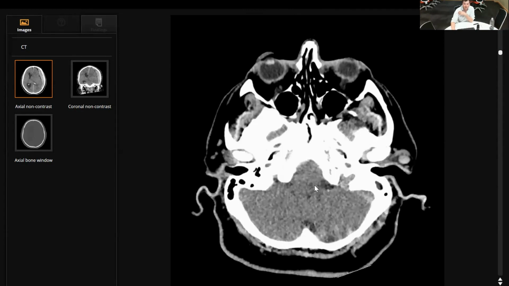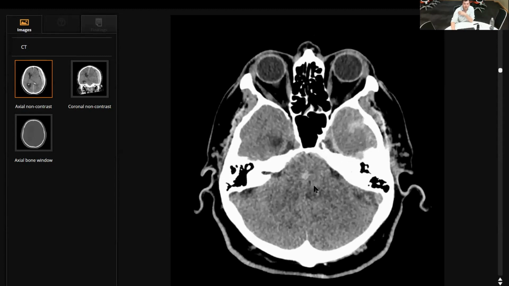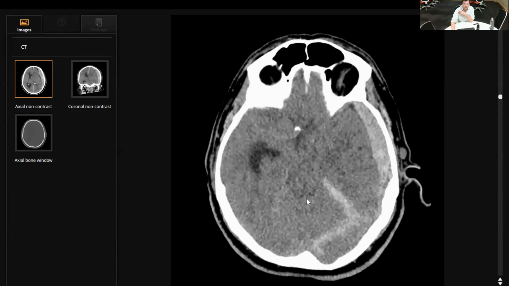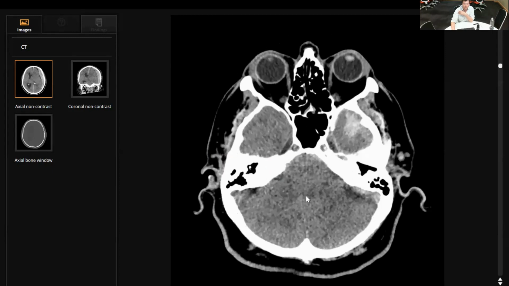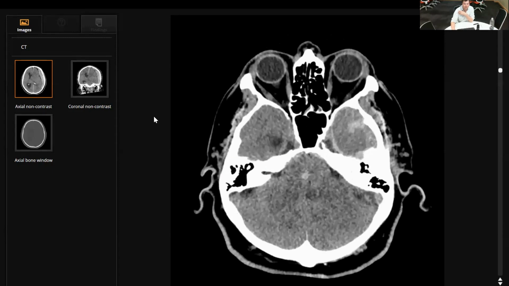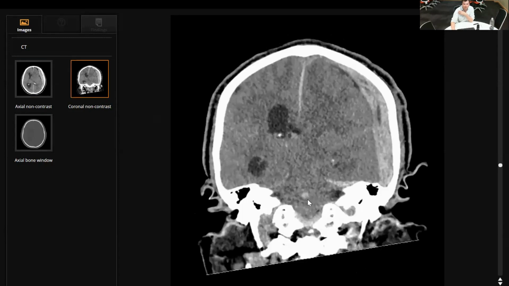But what's a really concerning thing, I don't know if any of you spotted this, but we've got this little blush here, okay? So we've got blood in the middle cranial fossa. This is the same density, so this is hemorrhage in here. It's not in the ventricles. Yeah, thank you for the arrow. Okay, so it's not a ventricular bleed, because when we put it onto the coronal view, we can see it's in here.